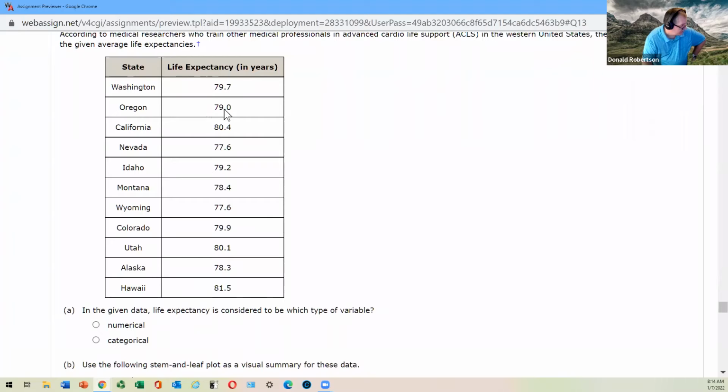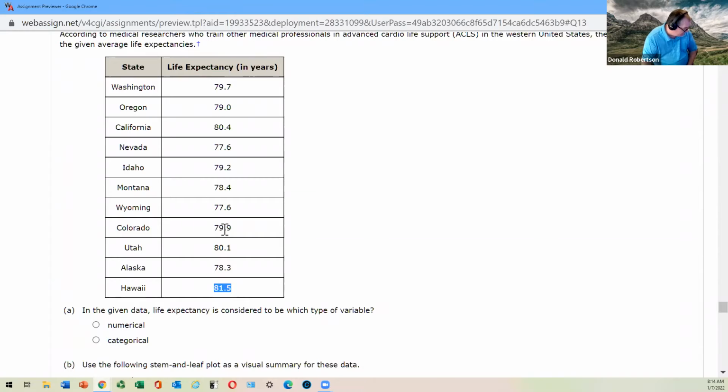Montana, Oregon, and Washington. We're quite good, aren't we? So if you live in Washington, your average life expectancy is about 79.7. I'd rather be in Hawaii, to be honest, but we're pretty good.